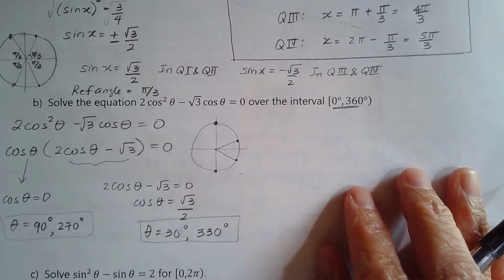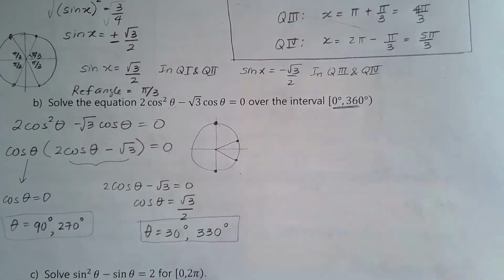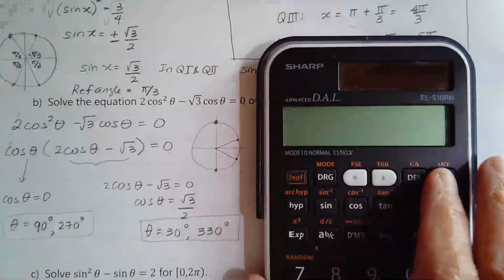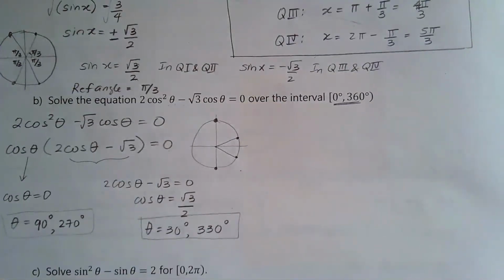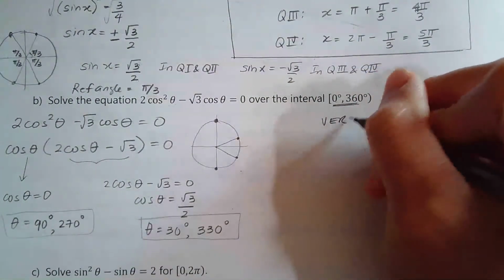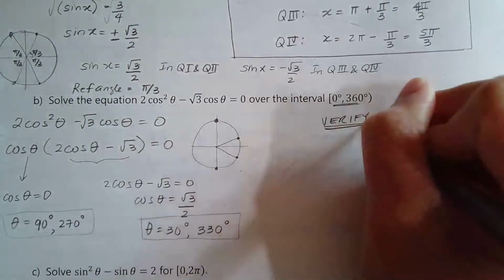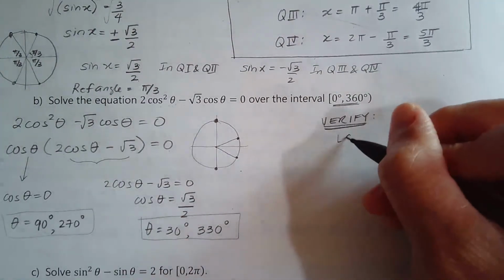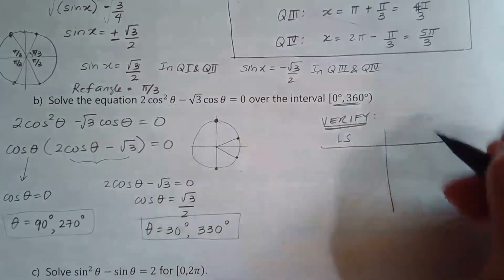What we're going to do, we won't be able to verify everything, but here's what we could do. Okay, I'll show you one of them. Okay, so we can go verify. I'm going to verify the left side has to equal the right side.